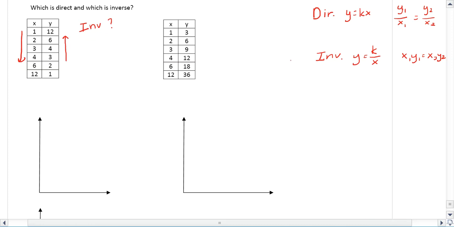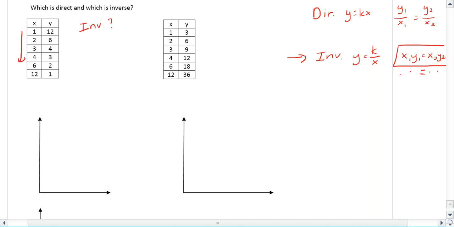I rewrote this here from the first screen to, remember I said I was going to clarify this. Inverse is y equals k over x, but this is the part that's really interesting about inverse proportion. Any x times y equals any other x times y. All of them have to follow this formula, this rule.